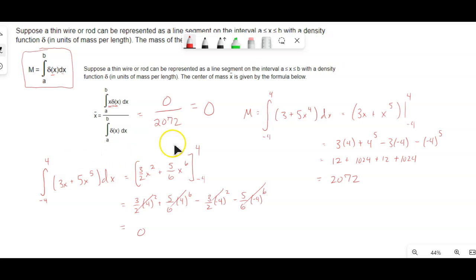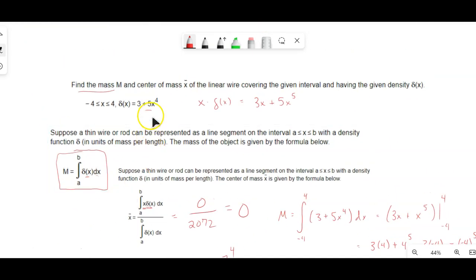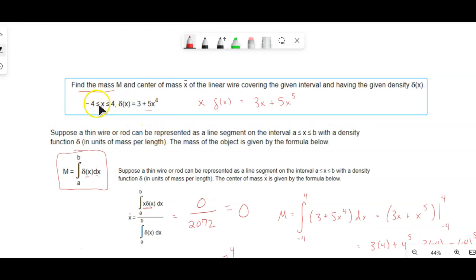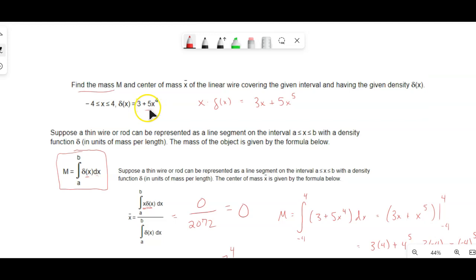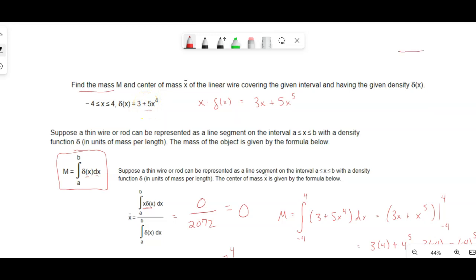And the reason that we're getting that is because we're trying to find the center of mass. And over this interval, we're going to get something that is symmetric at 0. Because 5x to the 4th plus 3, well, that's just going to look like this, bottoming out at 3 on the y-axis.